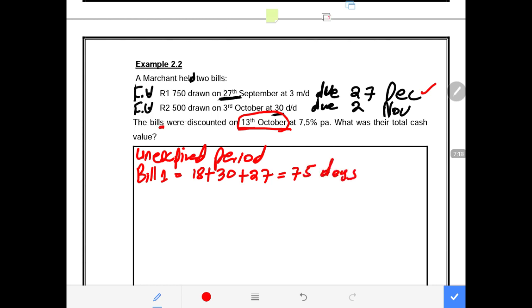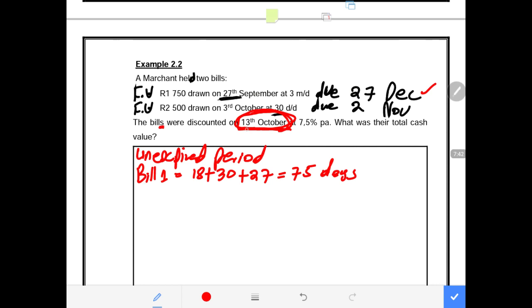And I want to highlight this once again. These bills were discounted on the 13th of October. When we're calculating the days, you say the total days in a month minus the date the bill was discounted, in order for you to get the unexpired days in that month. Then you calculate the following month, as easy as it is.